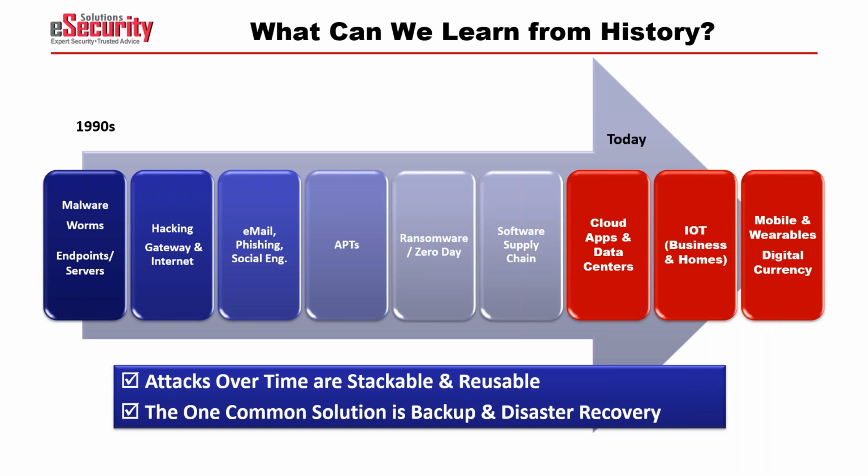But if you look at the history of security itself, which is another way to look at it, all the way from the 80s or 90s when malware was created and the attacks were on endpoints and servers, to having it evolve into hacking, which was one of the earliest threats, and then email phishing, social engineering, then more recently CEO fraud, spear phishing.